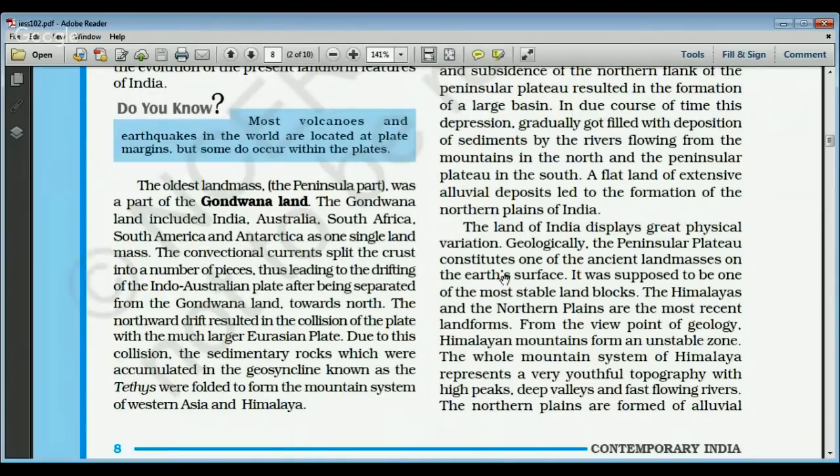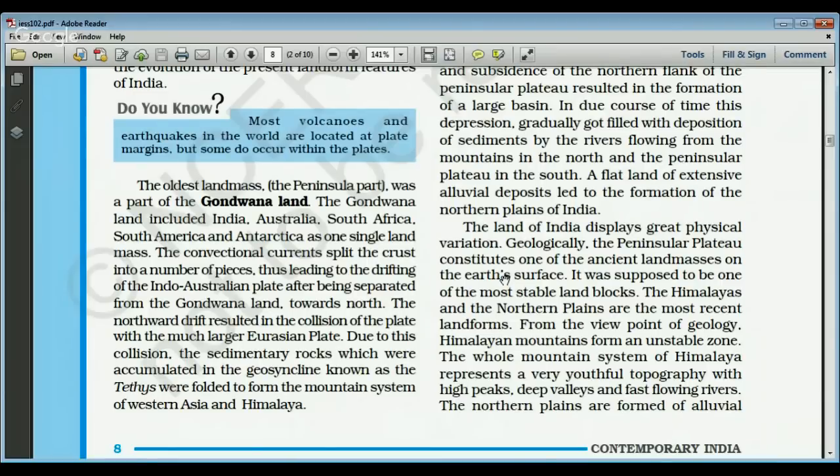And because of the convectional currents, this Gondwana land split the crust into a number of pieces, leading to the drifting of the Indo-Australian plate.